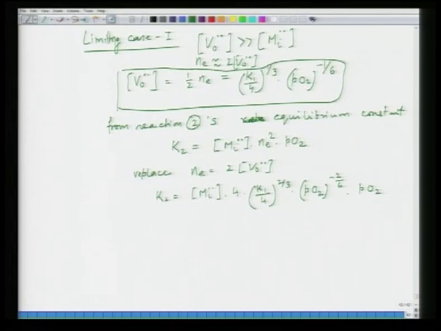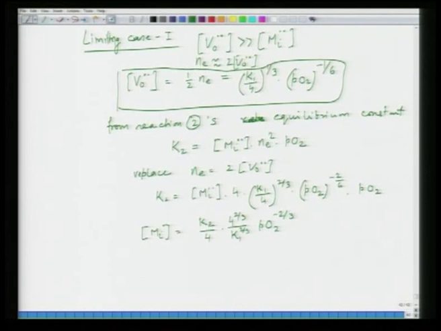So, now all you have to do is rearrange. So, Mi will become K2 divided by 4 into, so this will become 1 by 3. So, this will be PO to the power 2 by 3, which on the other side if it goes, it will become PO to the power minus 2 by 3, and so K2 divided by 4, and then this becomes 4 to the power 2 by 3 divided by K1 to the power 2 by 3.